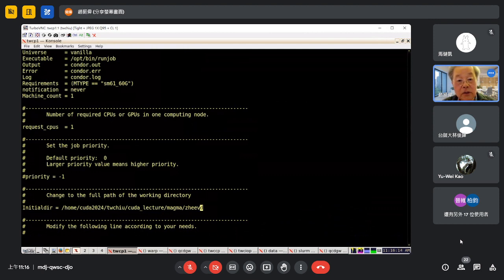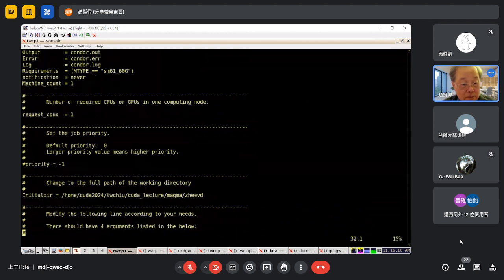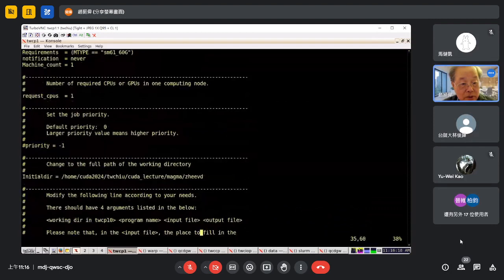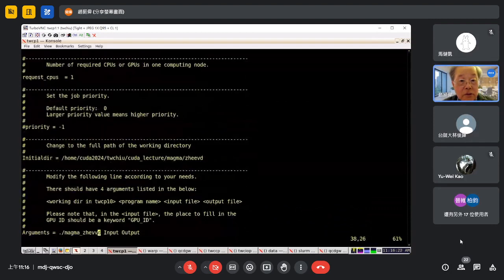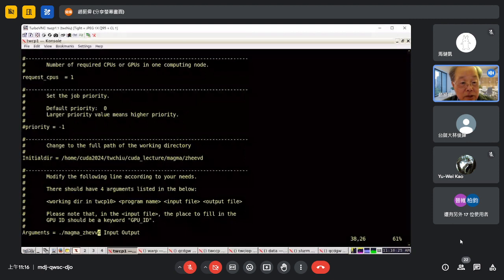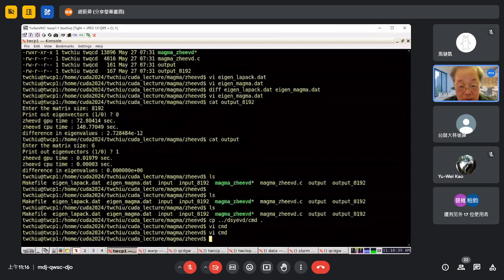So this is the direction. Now let me copy the input to input.